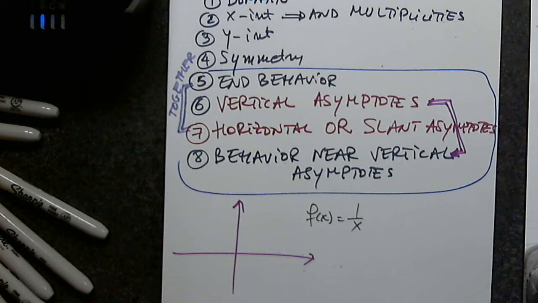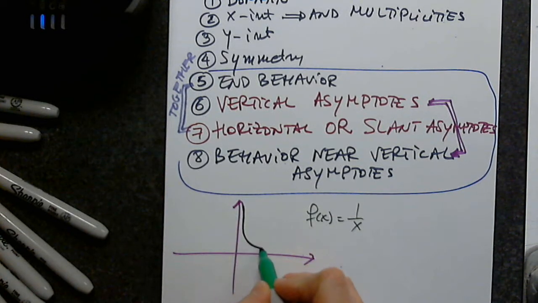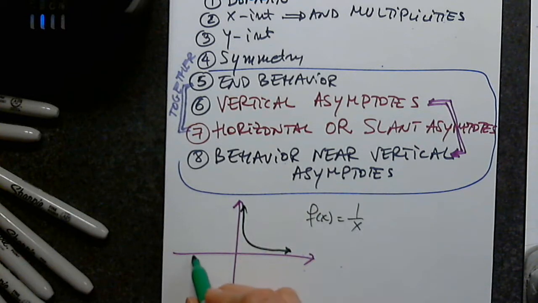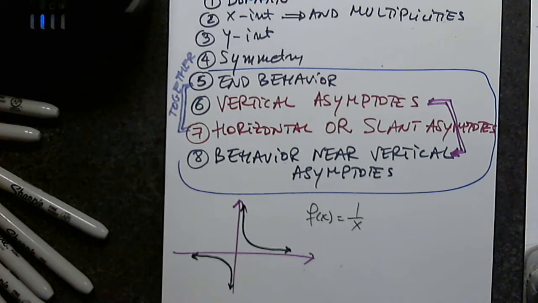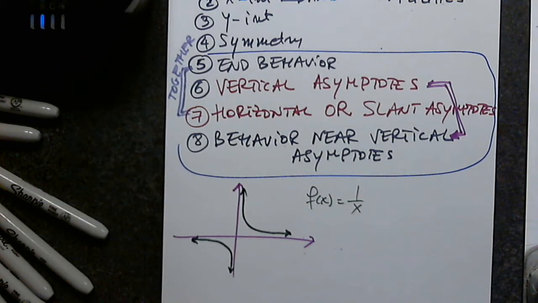Bear with me and believe me that the graph of this is this. What is the vertical asymptote of this function? I need a line. X equals 0. Thank you. X equals 0 is a VA. Why? Because this function is undefined at 0.